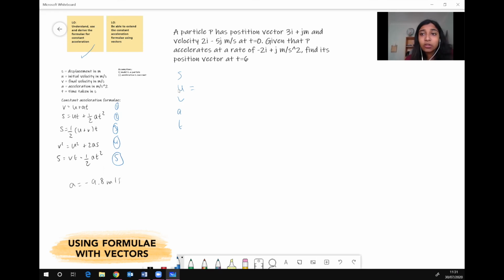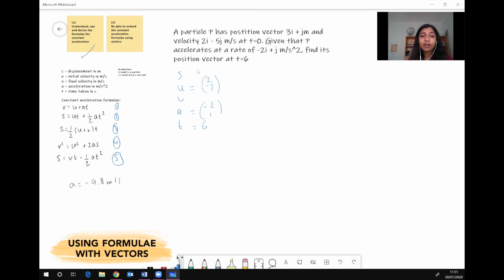We can write it in either column or component form, so it's 2, minus 5. We don't know our end velocity. We know our acceleration is minus 2i plus j, so we can just plug that in: minus 2, 1. And we know our time will be 6. So we want to find the position vector at t equals 6.